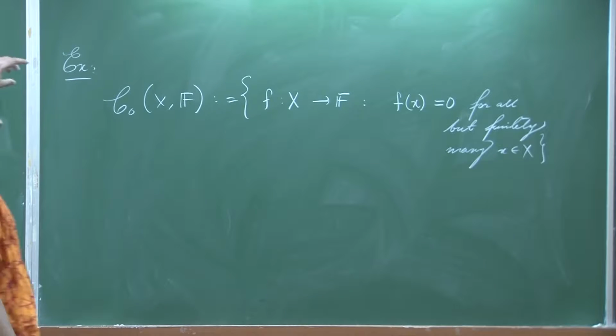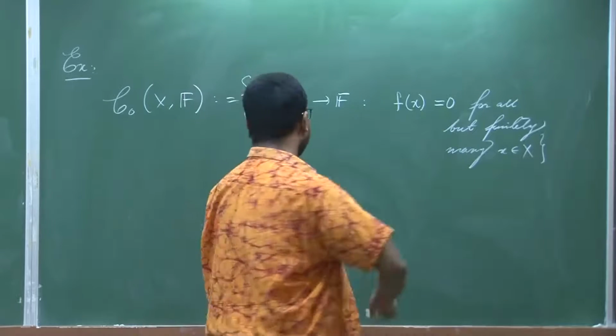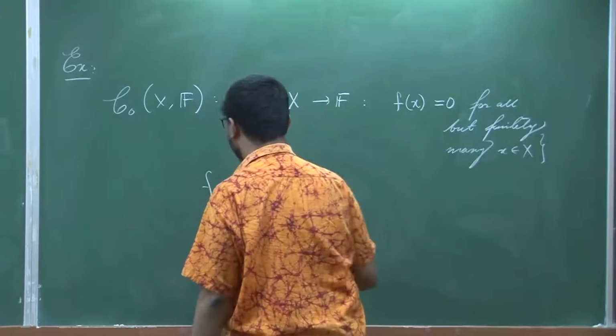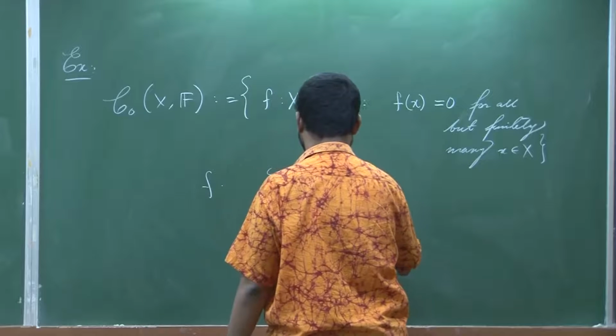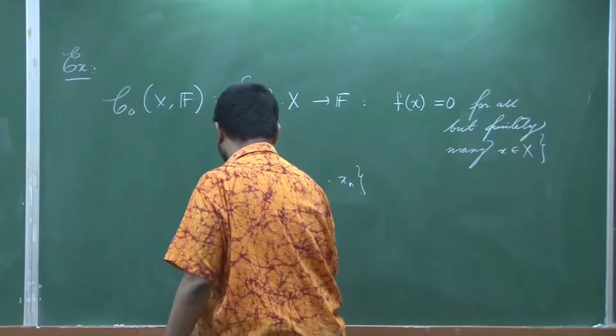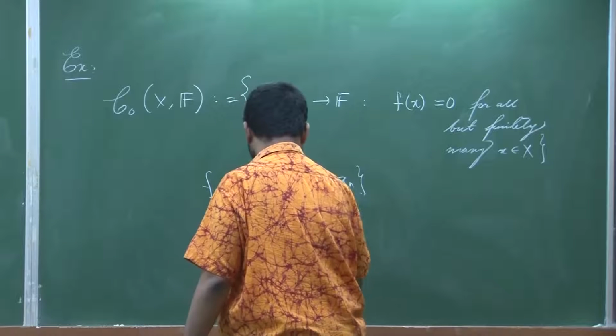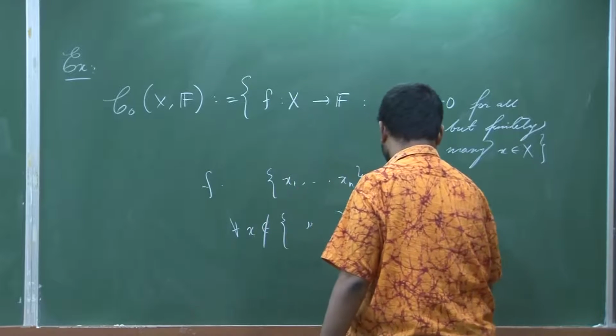I repeat: what functions are we considering here? Given a function, there will be a finite set, let us say x1 up to xn, such that whenever x is not in that set, then f(x) is 0.